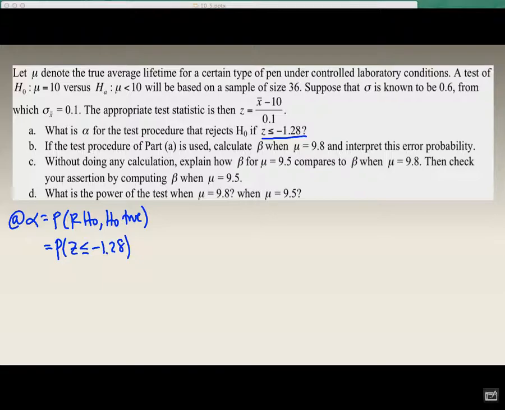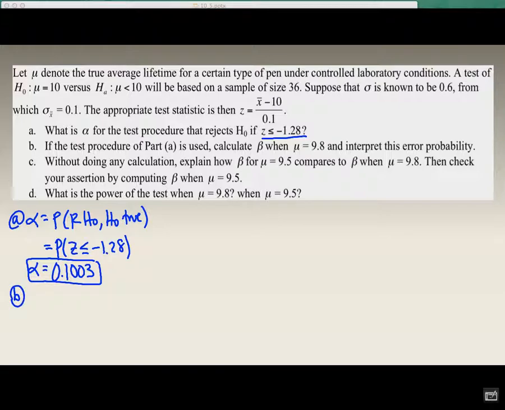Find that right now. 0.1003. Did you guys use the table or a calculator? Table. Okay, so that part is not too difficult.